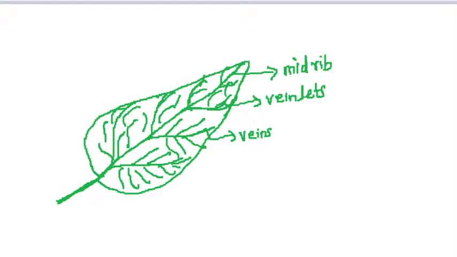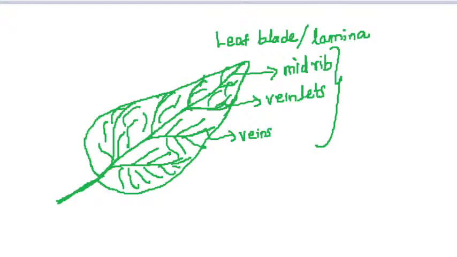From the veins, the veinlets are formed. And the whole thing all together we call the leaf blade or lamina.